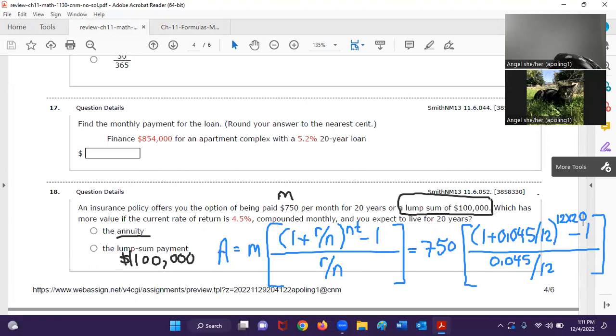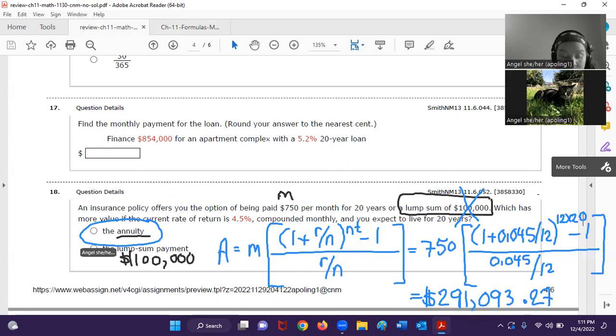So here you get $291,093.27, which is significantly higher than the lump sum. So we're going to choose the annuity. It's more money in the long run.